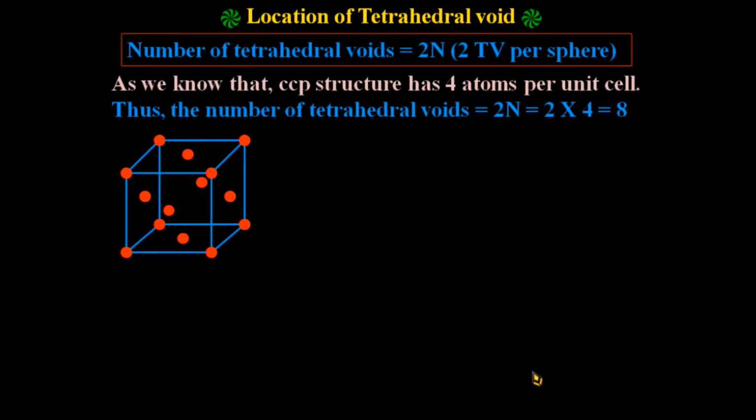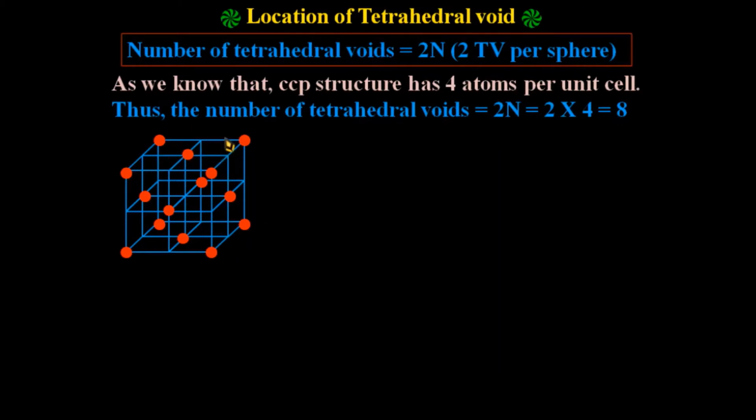If we look carefully, we observe that the unit cell has 8 small cubes. Each small cube has atoms at alternate corners. In this diagram, these are the 8 cubes.